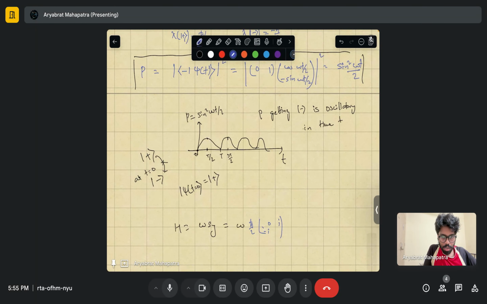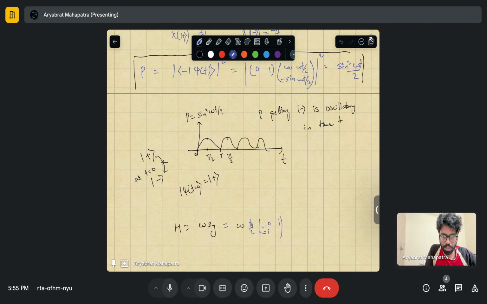My question was, suppose your Hamiltonian is written as omega Sy plus omega Sx. So there is a combination of Sy and Sx. The eigenstate has to be some linear combination of the two, because both are there, so both eigenstates will contribute.